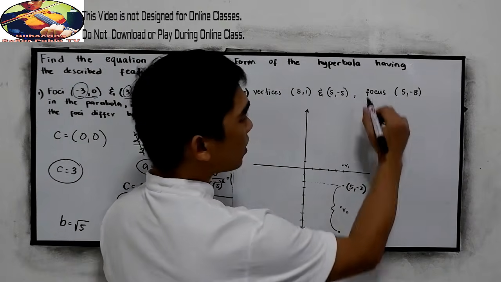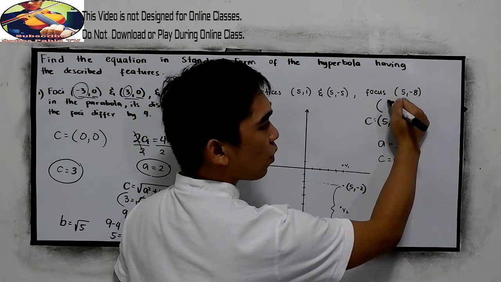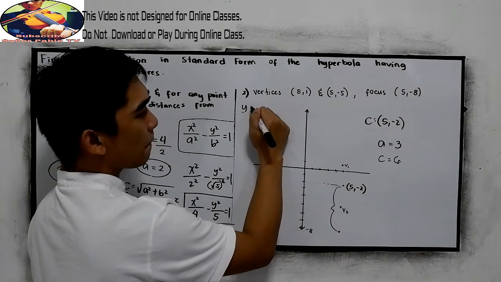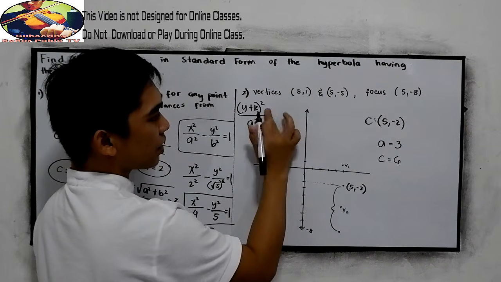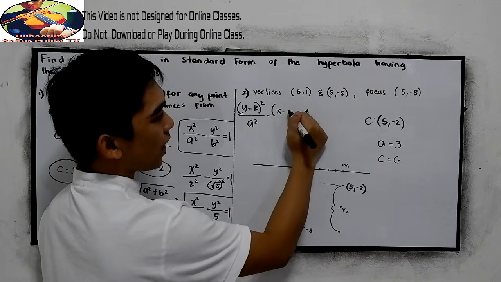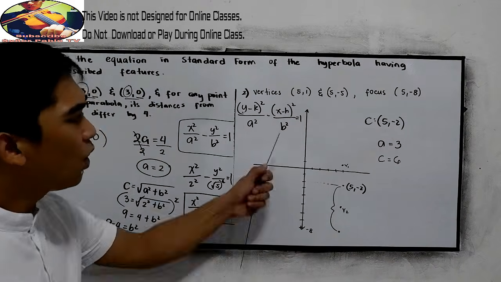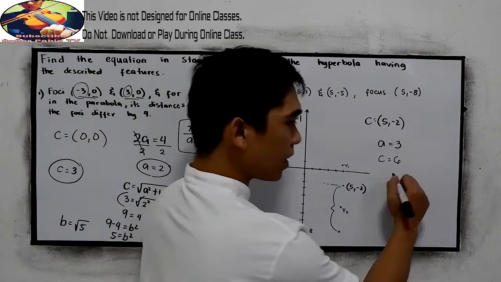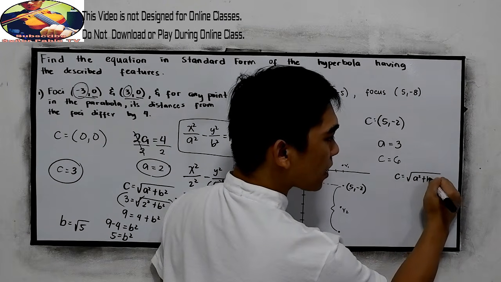Our standard form for h, k is y minus k raised to 2 all over a squared minus x minus h raised to 2 all over b squared is equal to 1. We need to find b. To find b, the formula is c is equal to the square root of a squared plus b squared.